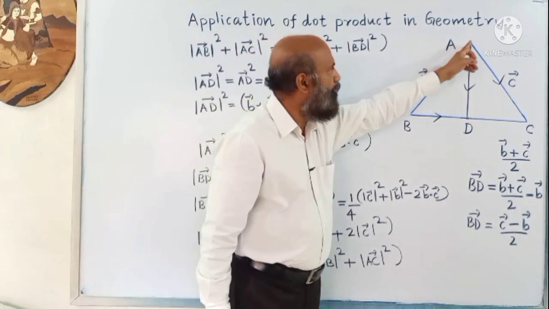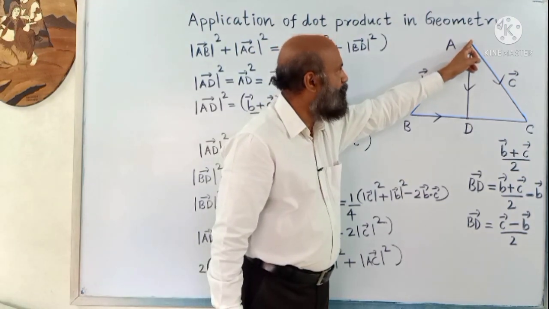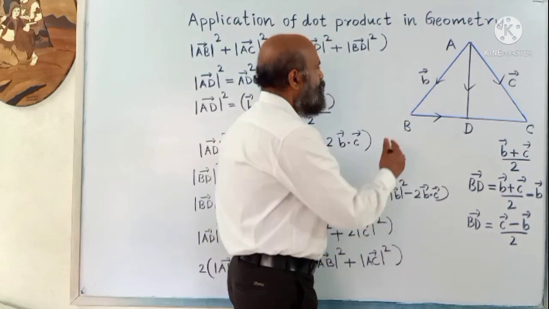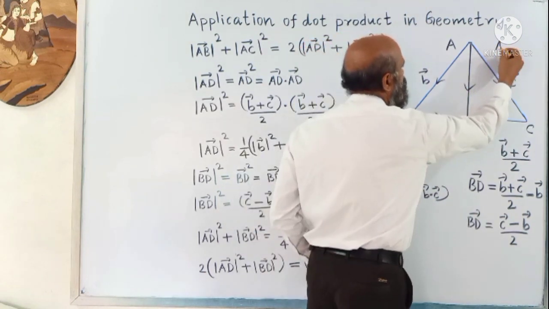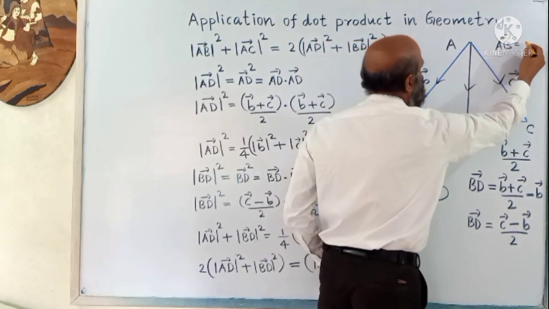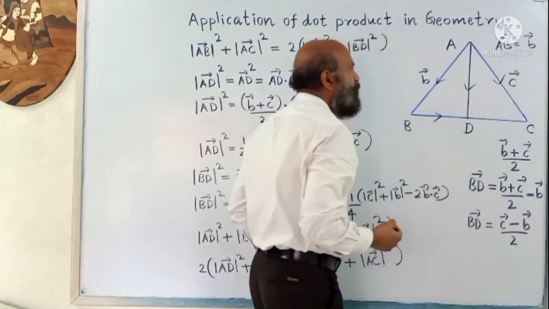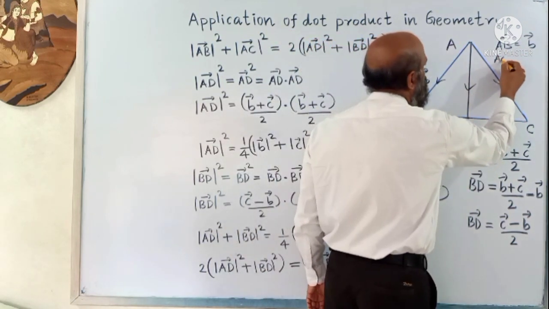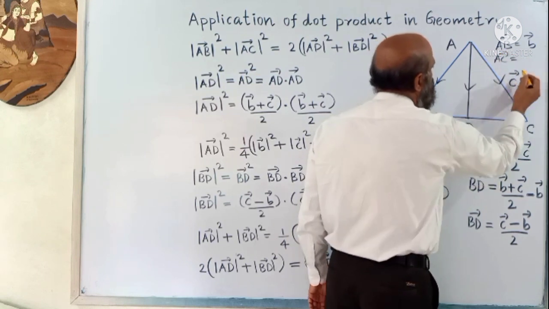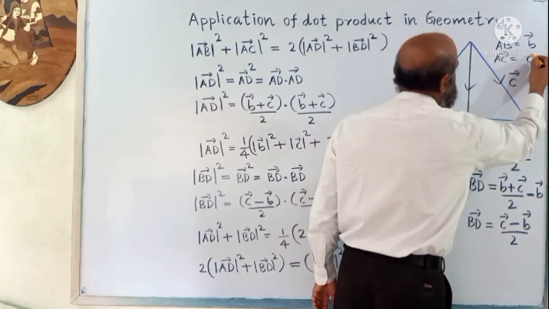Let A be the origin, then AB vector is B vector. AC vector, let it be C vector.